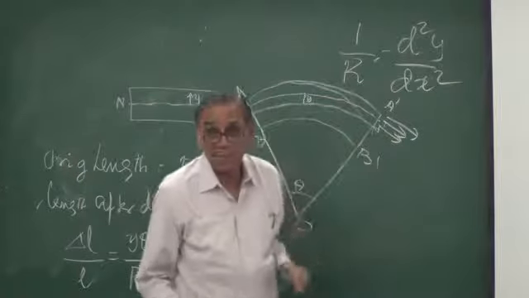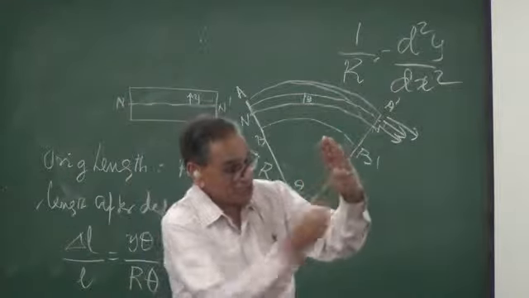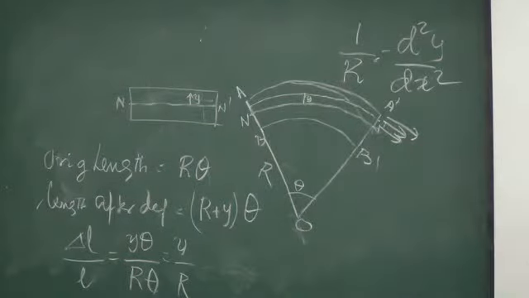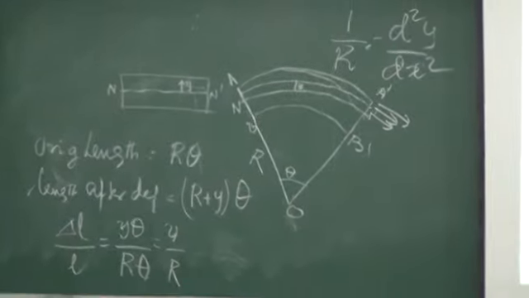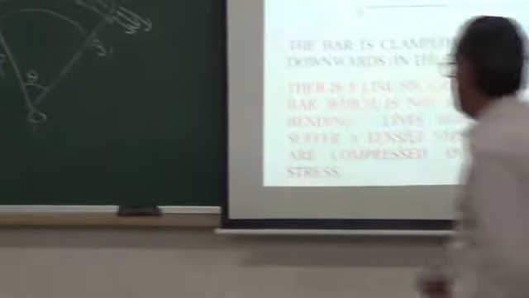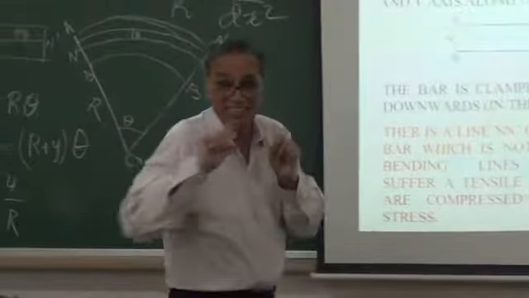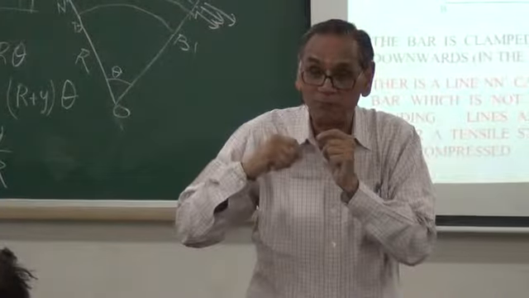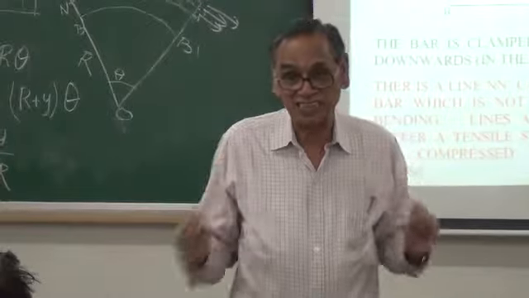The right side of the bar is exerting a tensile force on the elements to the left of this section. So you can remove the right side and replace it by a tensile force when y is positive and a compressive force when y is negative.